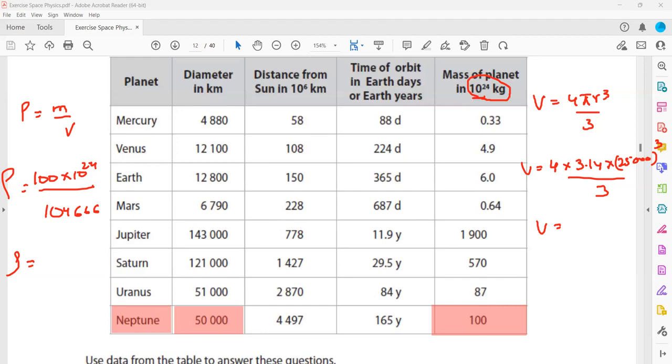Can you check? Because it's 100 exponent 24 divided by 104,666. 9.5 multiplied by 10 to the power of 20. Same. Okay, just a minute, I will check.